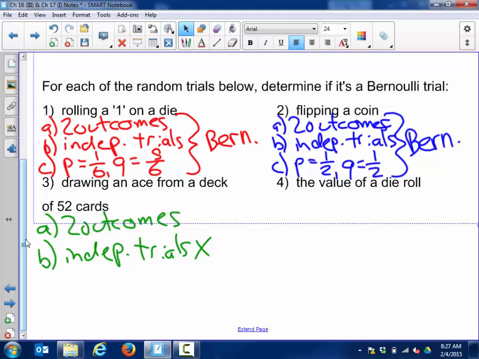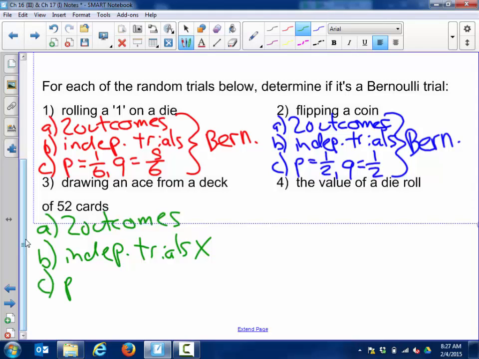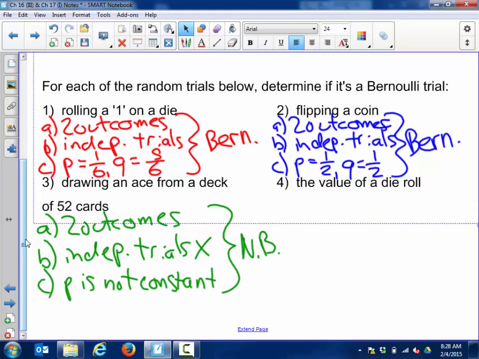Because if you draw a card, let's say it's the ace of spades, all of a sudden, where the first probability of success was 4 aces out of 52 cards in the deck, so 1/13th, now having taken that ace out of the deck, you are down to 3 aces out of 51 cards, so the probability of success for your next ace is 1/17th. So you don't have independence, and therefore, you also don't have a constant probability of success. P is not constant. So, in conclusion, this is not Bernoulli.